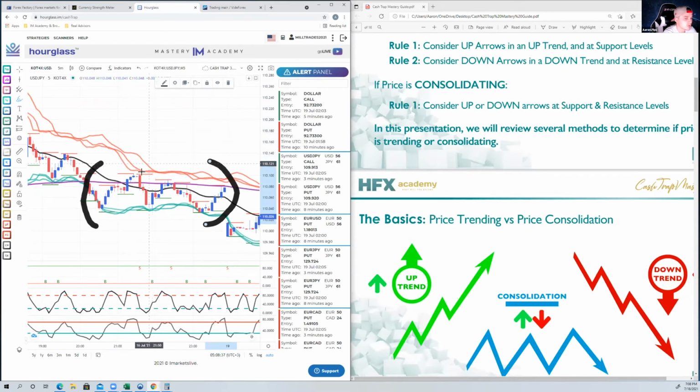If you see price stay in a stream-like area, it's going to bounce from these lows to highs over here, from resistance to support, back up to resistance, back down to support, and it's just going to keep doing that. That's why, if price is consolidating, rule 1: consider up or down arrows at support and resistance levels.